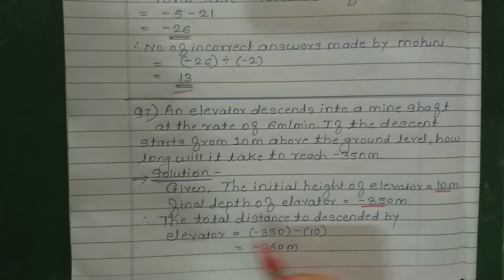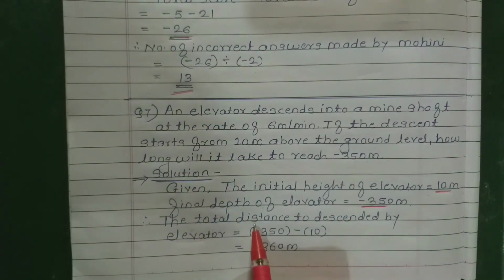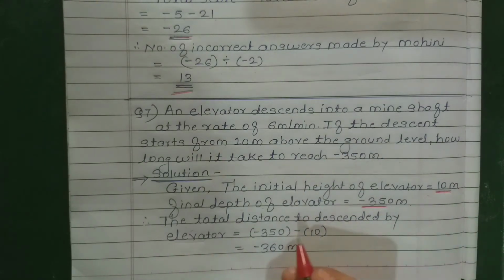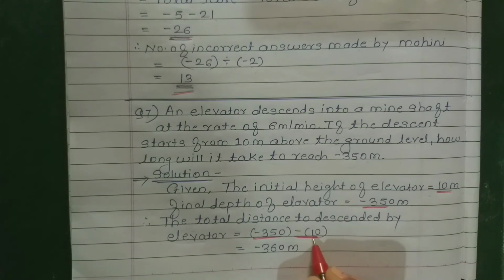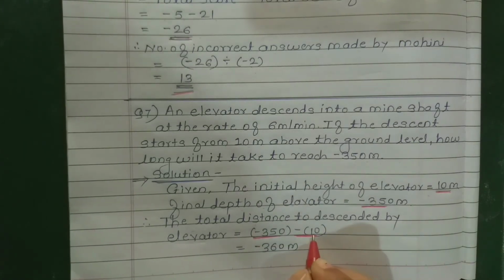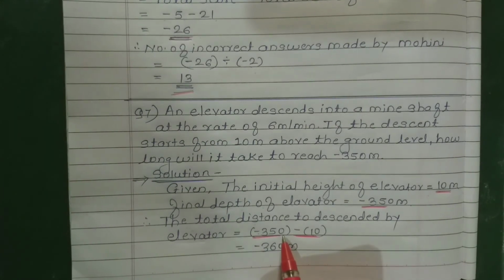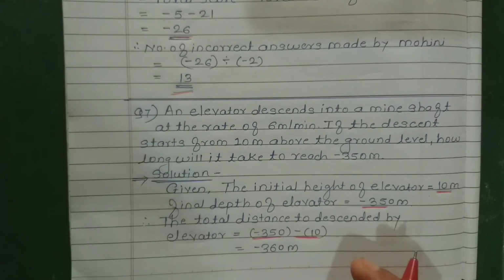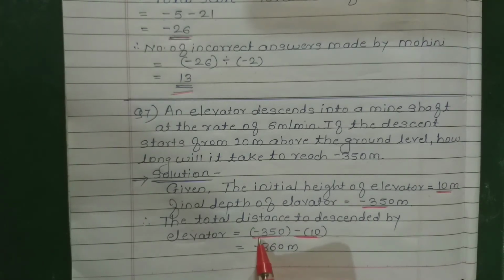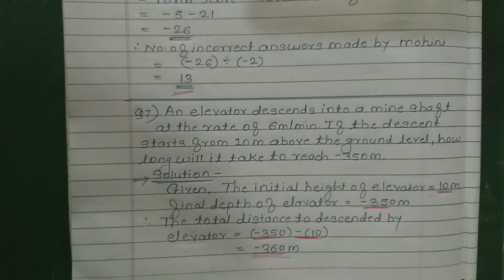That means the total distance traveled by this elevator is -350 minus 10. Why do we write -10 here? Since it is in the opposite direction. So -350 minus 10 will be equal to -360 meter.